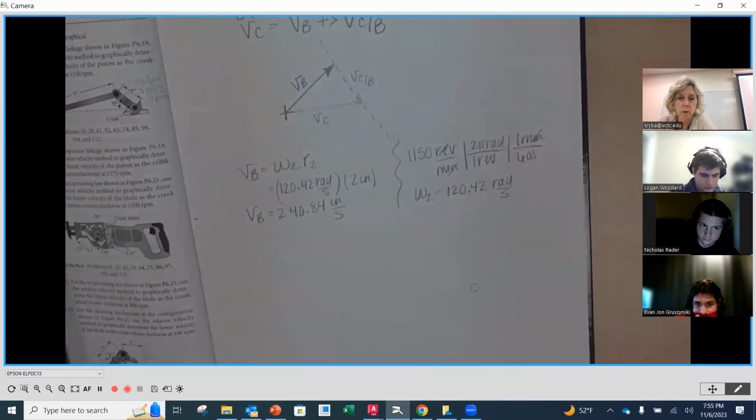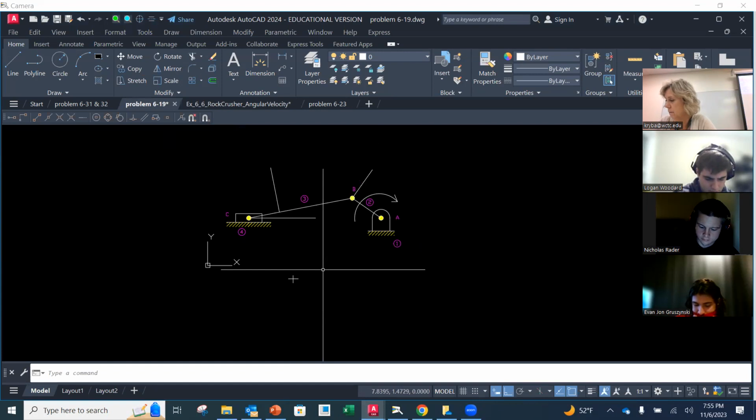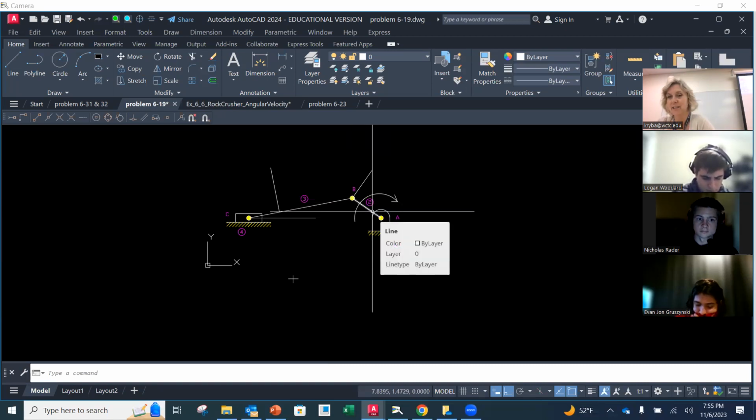Okay. So if we go back to AutoCAD, from that origin here along that line, we are going to draw a vector that is 240 units long. Now, this is only 2 inches long right here. If I draw a vector that's 240 units long, it's going to be super huge on here, right?